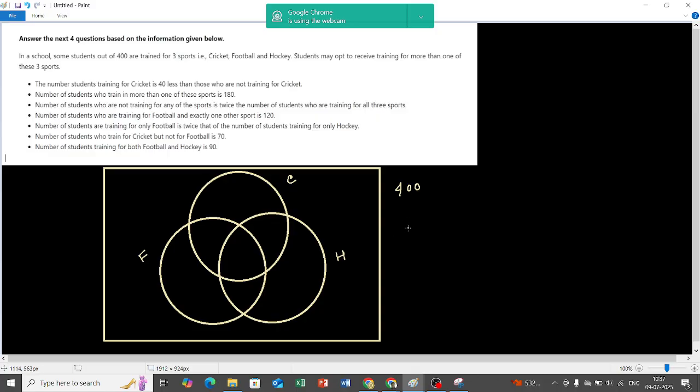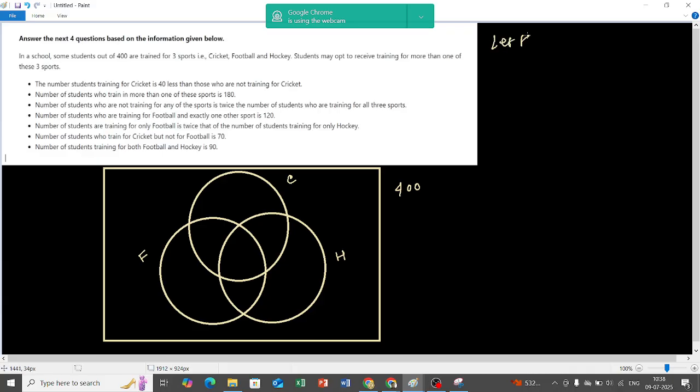Now some students may opt to receive training for more than one of these 3 sports. The number of students training for cricket is 40 less than those who are not training for cricket. Let me take that.